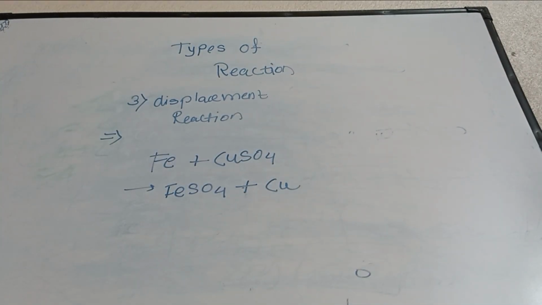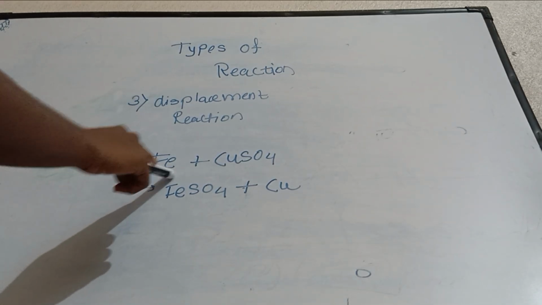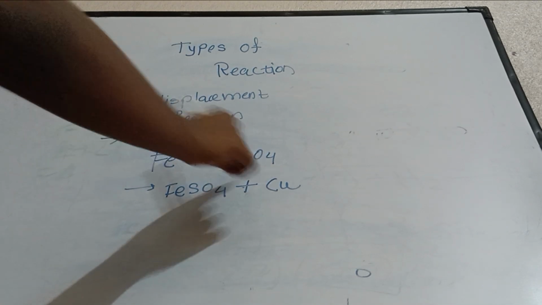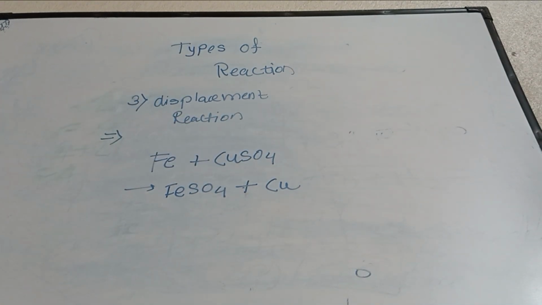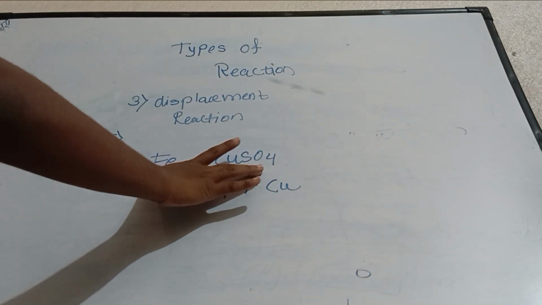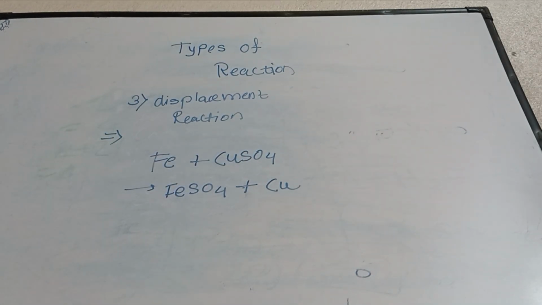Okay, so here as you can see, this is the iron, this is the copper. Don't look at the SO4, because in displacement reaction this doesn't matter. This is the reactant, this is the product. Tell me what difference you can see.